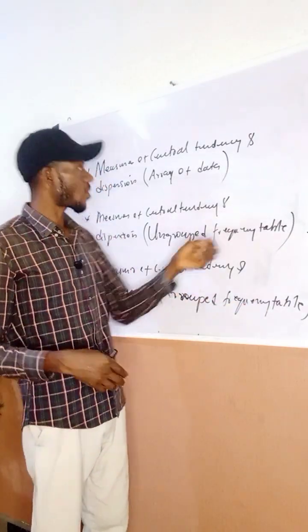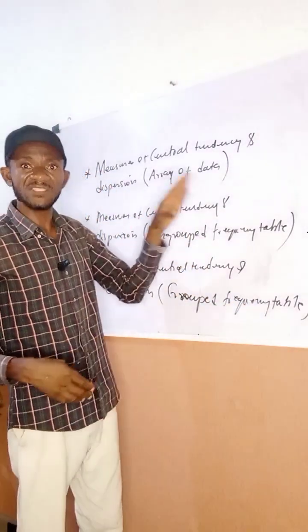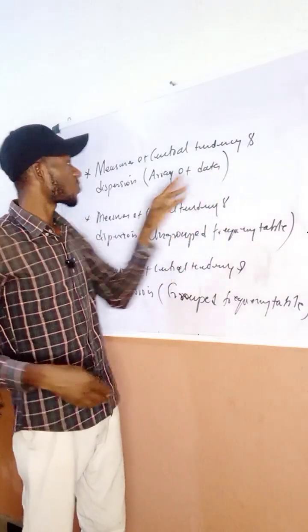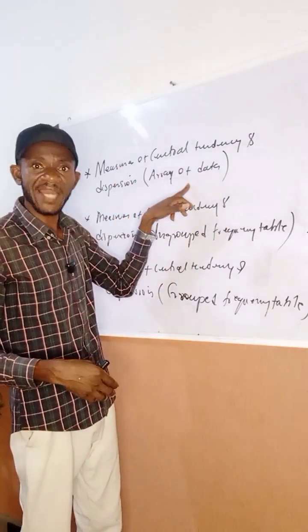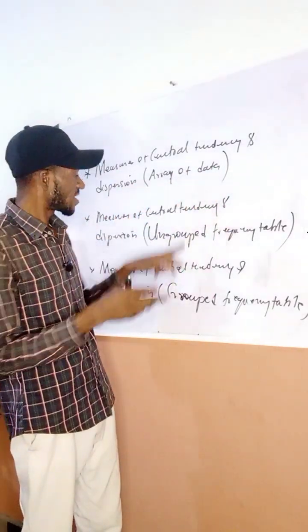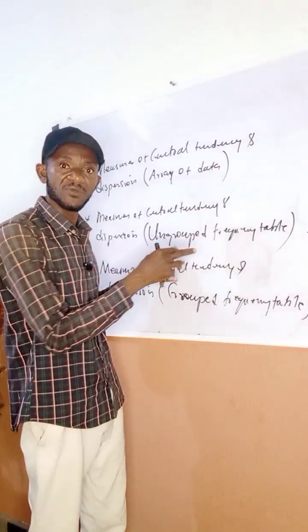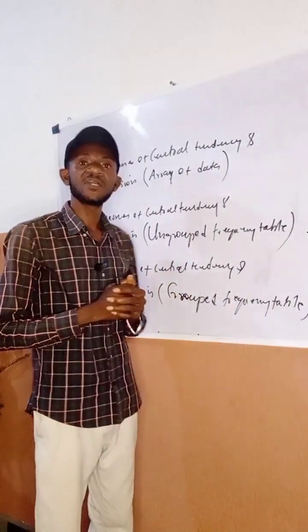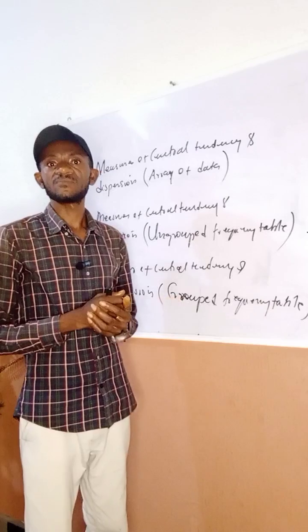Therefore, in the course of calculating the measures of central tendency, we are going to calculate them from an array of data, from an ungrouped frequency table, and from a grouped frequency table.